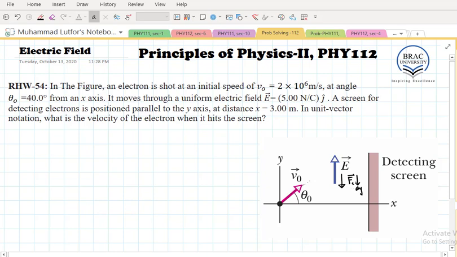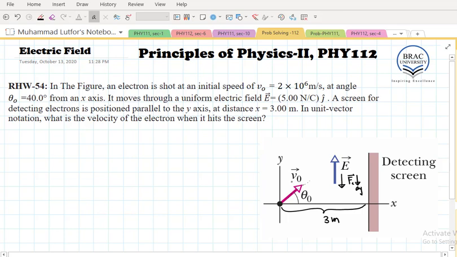Fine. Now what they are asking: there is a screen to detect that electron. The screen is positioned parallel to the y-axis at a distance x equal to 3 meters. So this distance is 3 meters.